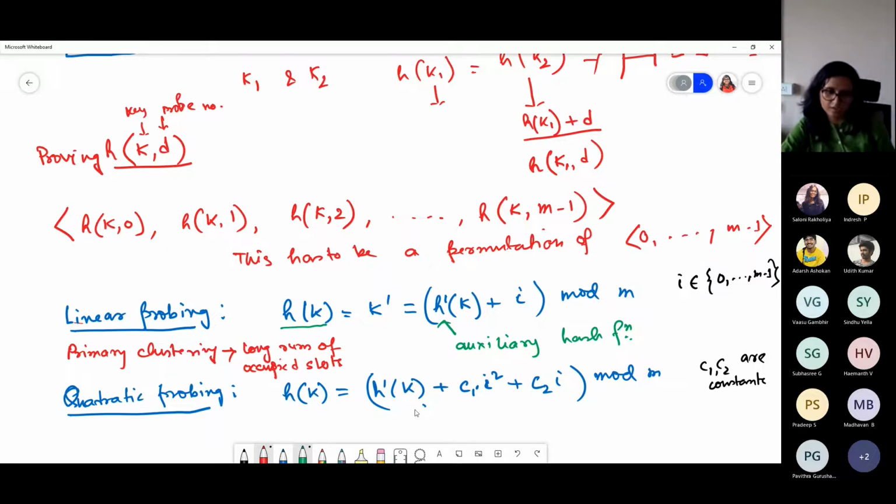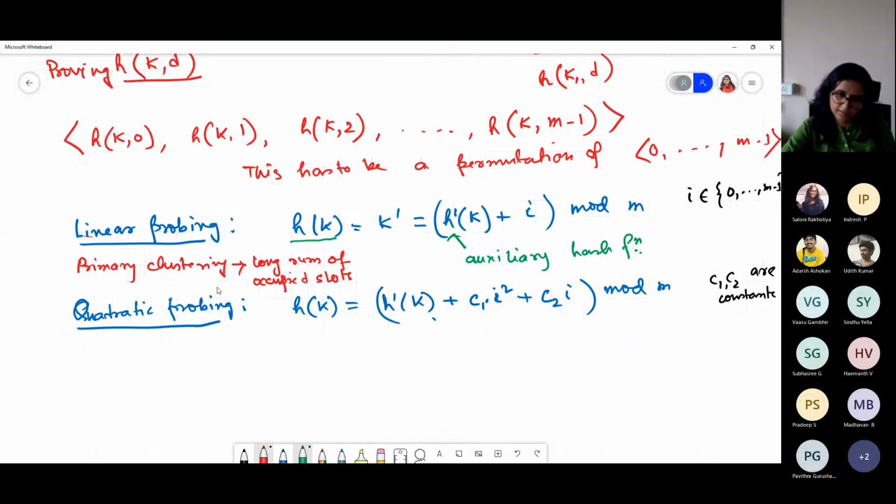In case of quadratic probing, clustering again happens. Here also it is i square, so when we fix one value of i, this i square also increases in some order. So some kind of clustering will happen, but it is not exactly like long runs together.